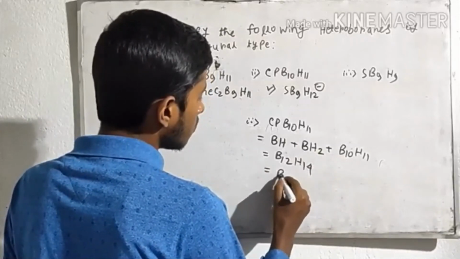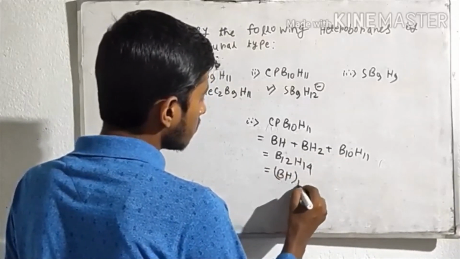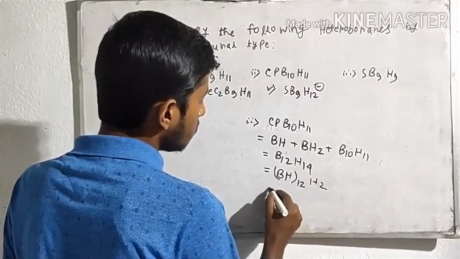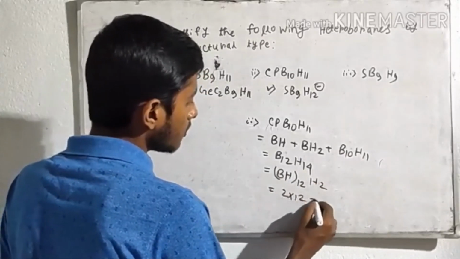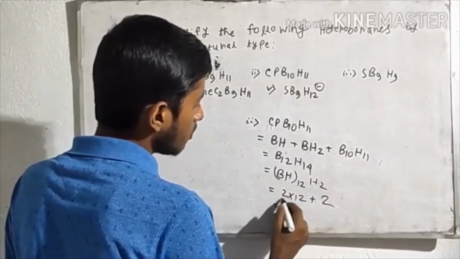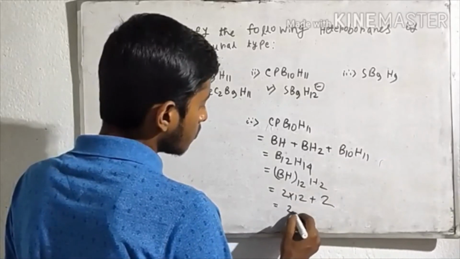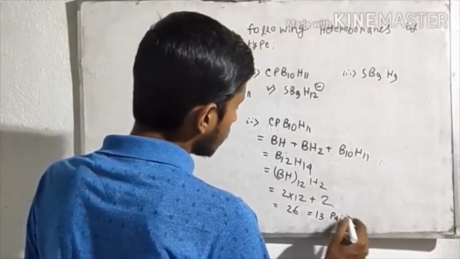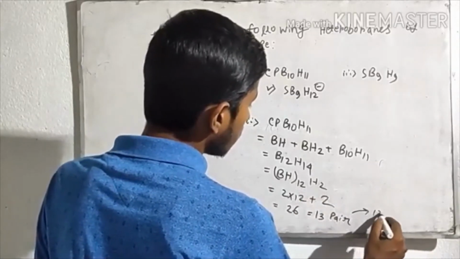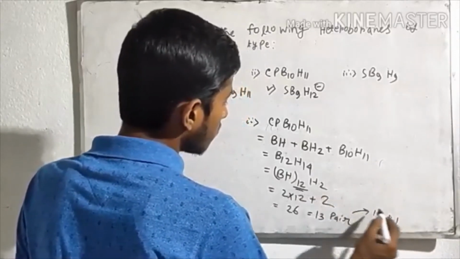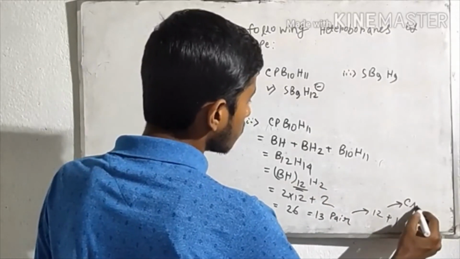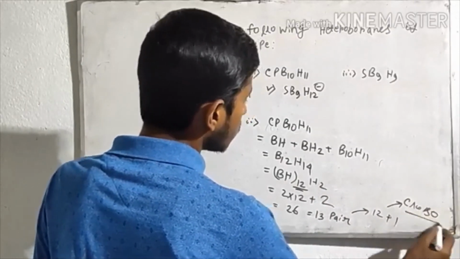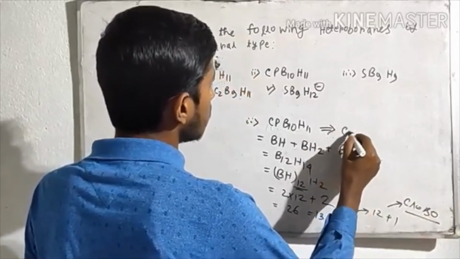We will separate the BH units. Each BH unit will contribute 2 electrons. Each additional hydrogen will contribute 1 electron. So it will be 26, that is 13 pairs. 13 means 12 plus 1 because there are 12 vertices. So it will be a Closo as it matches the formula n plus 1. So the heteroborane is a Closo one.